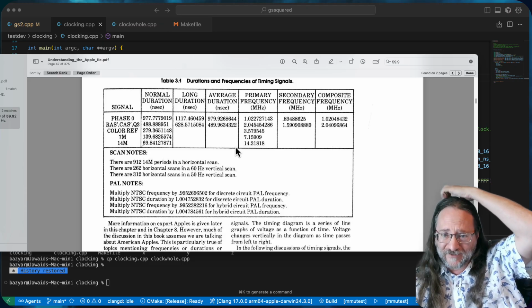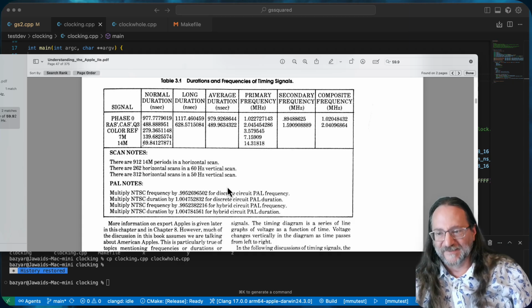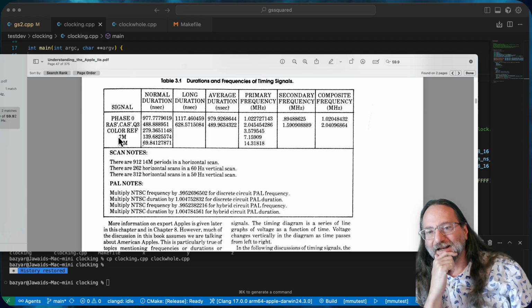The reason for this has to do with keeping the system clocks synchronized also with the NTSC horizontal beam timing, and it was needed to add just a little extra time to sync that up.